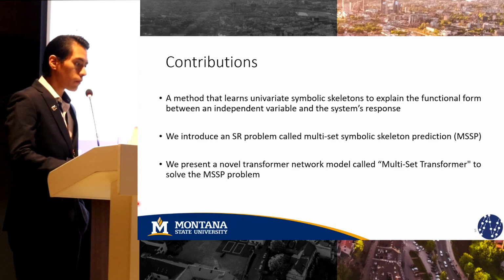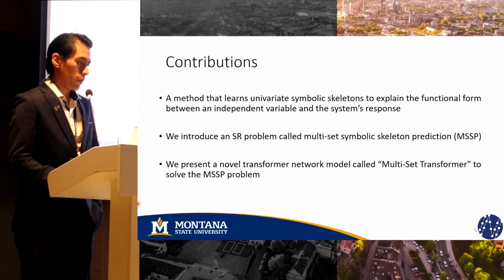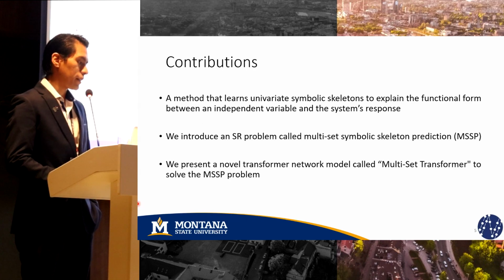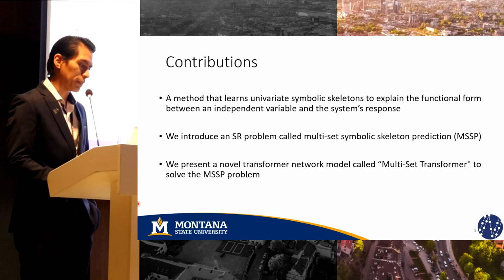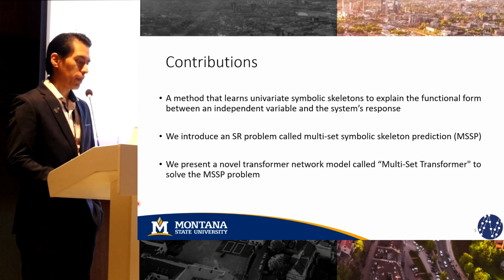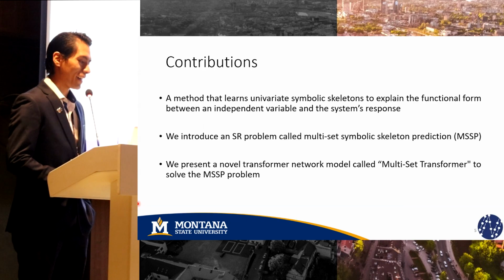So let's talk about contributions, and the main one is a method that learns univariate skeleton explanations, that explain the functional form between an independent variable and the system's response.